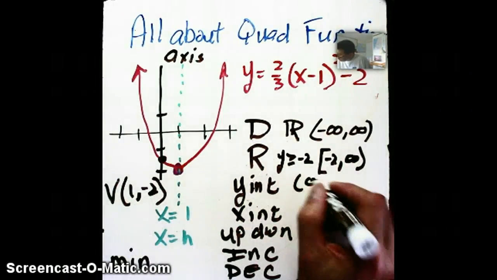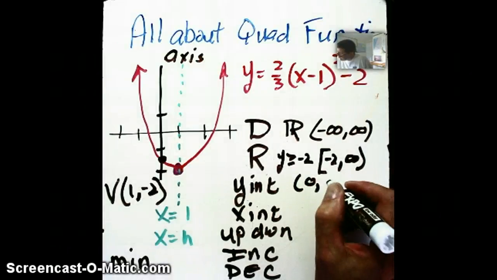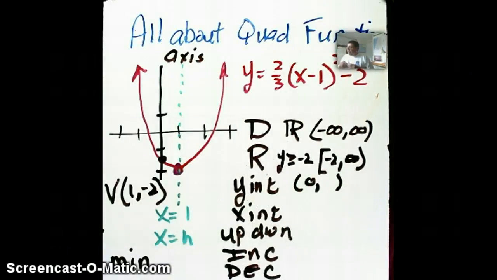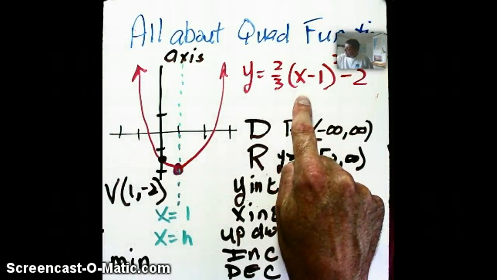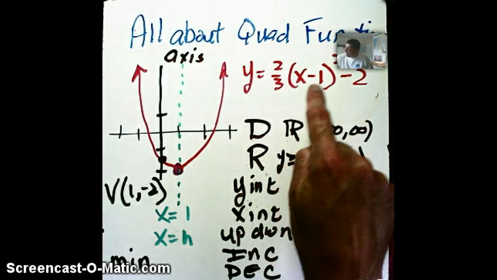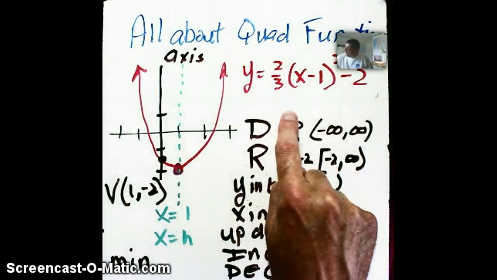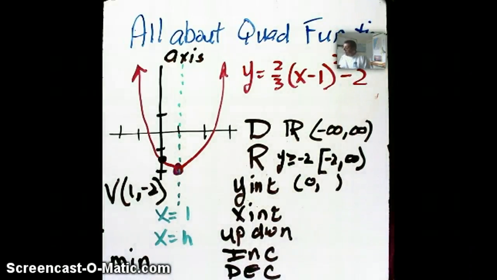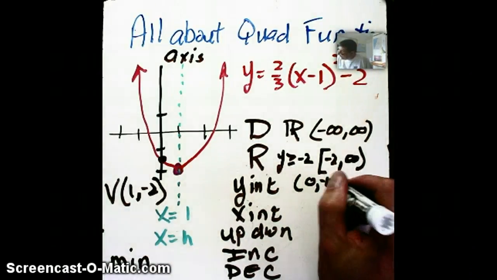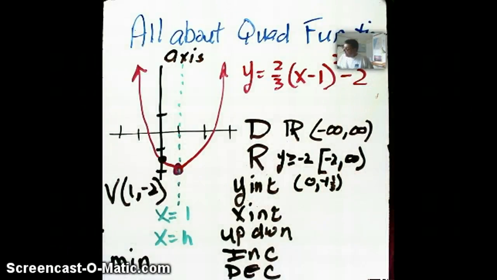So to find the y-intercept, just plug in 0 for your function. Okay? So if I plugged in 0, that would be a negative 1, but negative 1 squared is 1, so 2/3 minus 2 is negative 1 1/3. Negative 1 1/3. I could write it like that if I wanted to.